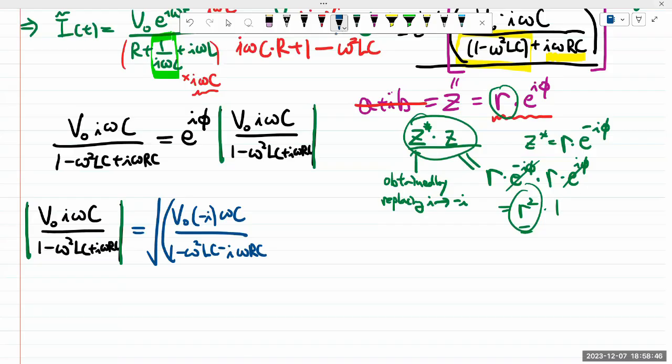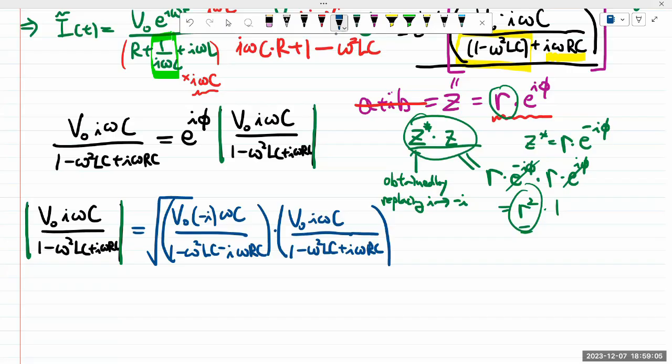That's the complex conjugate. That times the original complex number, V naught i omega C divided by 1 minus omega squared LC plus i omega RC. And then square root all of that. That'll give us that magnitude.